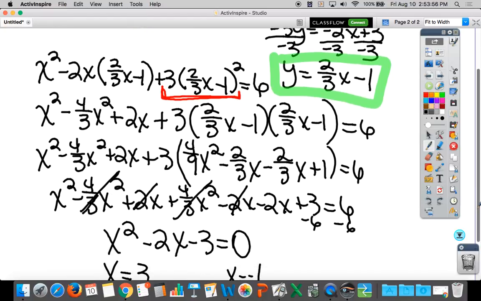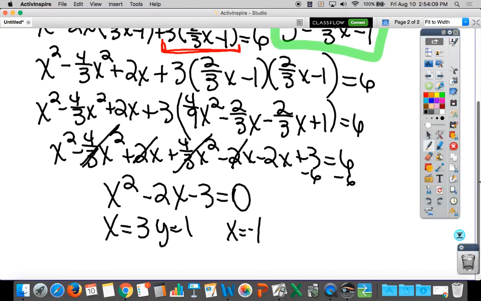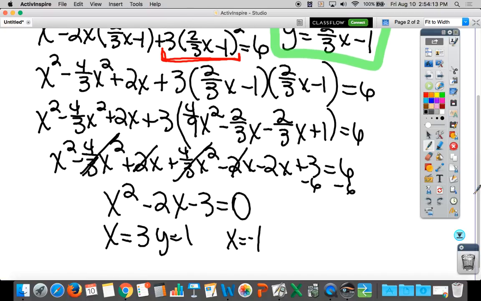I believe the y with that is 1. Okay. Store -1 as x.